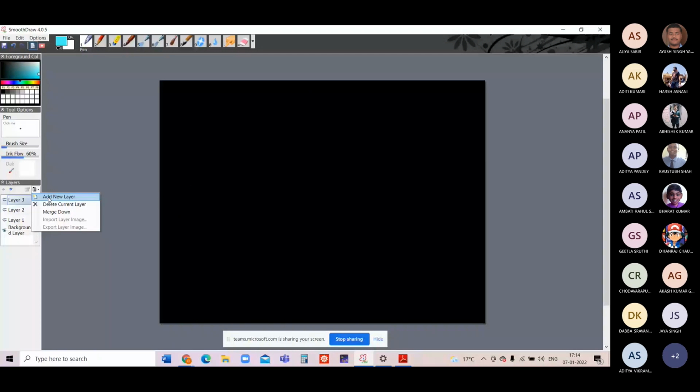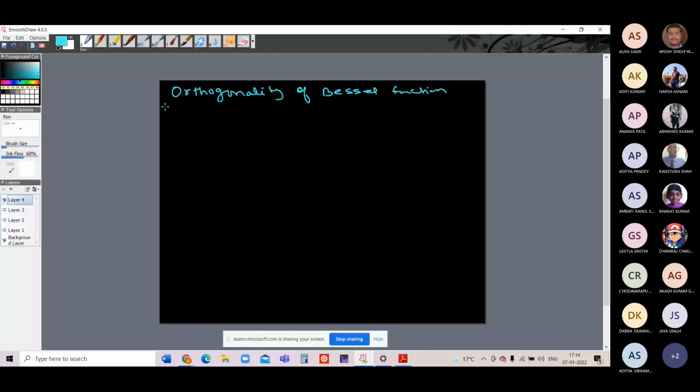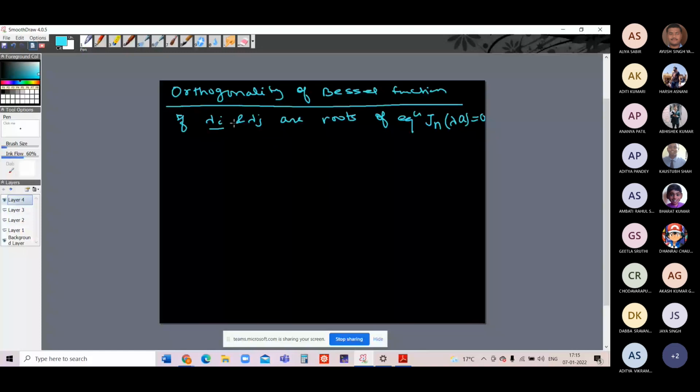Now orthogonality of Bessel function. Okay, let, or we can say, if lambda i and lambda j are roots of the equation Jn lambda a, where we have written a in place of r. Suppose lambda i and lambda j are roots of the equation.